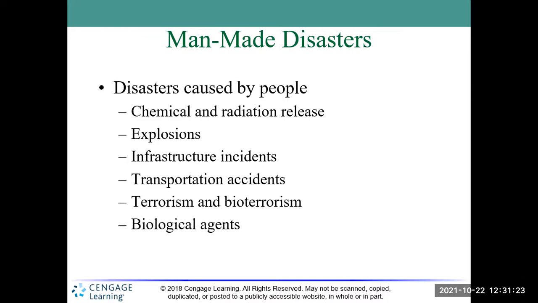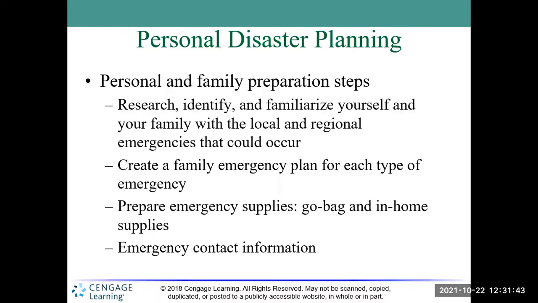Transportation accidents, that could be a bridge collapsing. Terrorism, bioterrorism, 9/11 is the primary example of this. Biological agents, we had a scare with anthrax years ago. So things of that type.